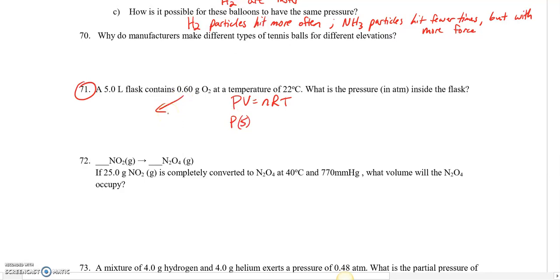So that's 0.01875. R is 0.08206. And our temperature in Kelvin is 295. Solve for pressure, we get 0.091.